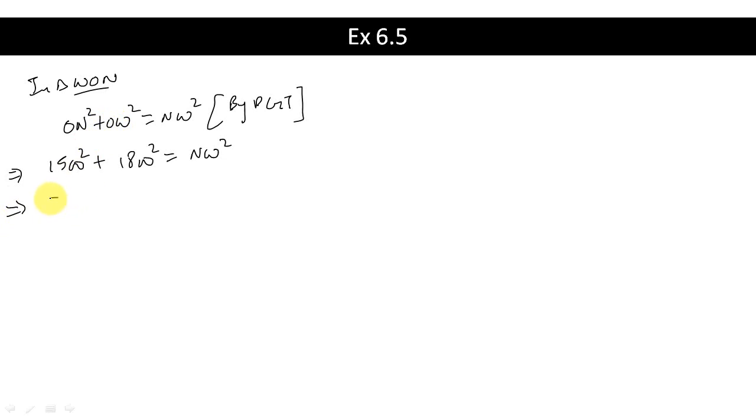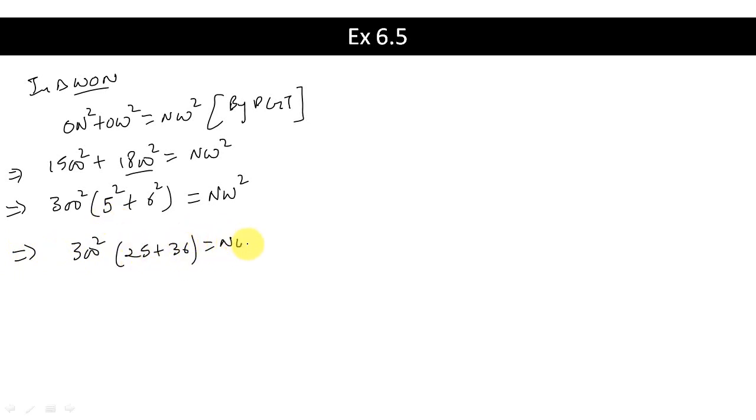So I can take out 300 square as common from both these values. So you will be left with 5 square plus 6 square, because 3 into 5 is 1500. Since we have taken out 300 square as common, you will be left with 5 square and here 6 square. This is NW square. So 300 square multiplied by 25 plus 36 is NW square.